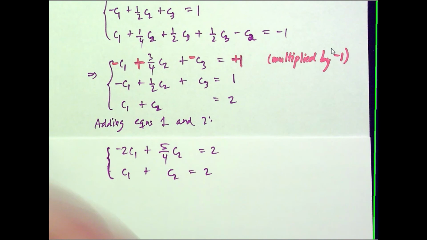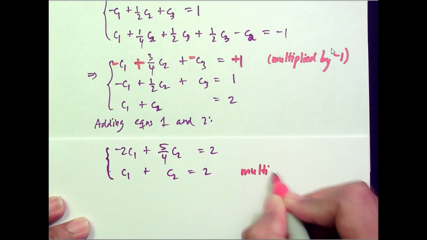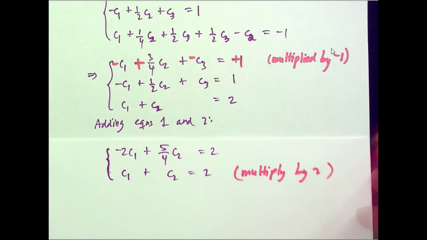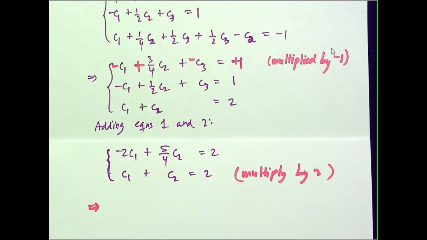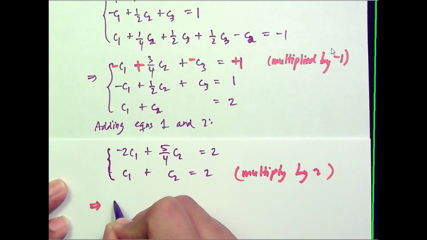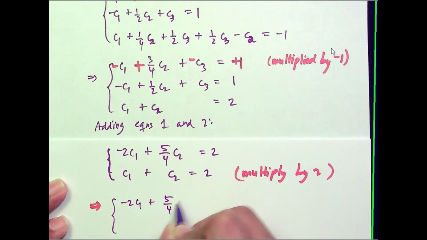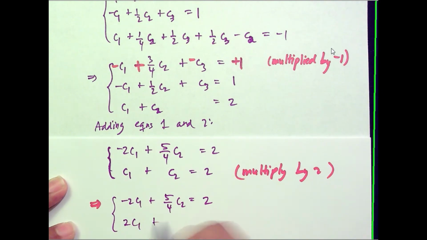So you're going to multiply this equation by 2, and then the system is going to become 2C1, so the first one stays the same, and the second one becomes 2C1 plus 2C2 equals 4.